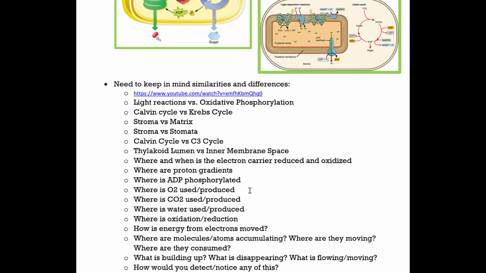Oxygen is used or produced during photosynthesis. It is actually produced during photosynthesis, and it is produced during the light reactions. Using photosystem 2, water splits, called photolysis, and the water donates electrons to photosystem 2, to the chlorophyll molecule that is in the reaction center.